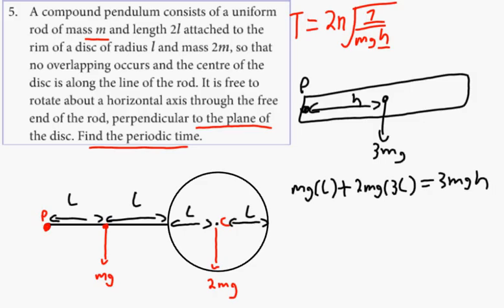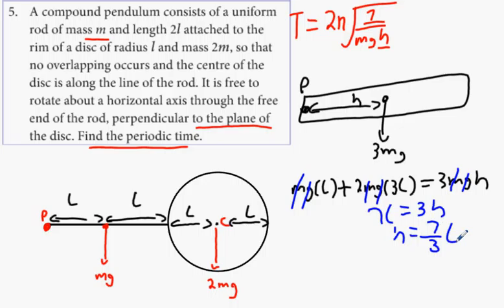Cancel the m's, cancel the g's, and we get 7L equals 3h, h equals 7 over 3 L.